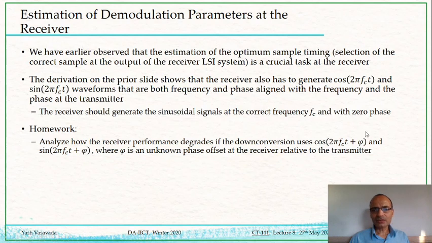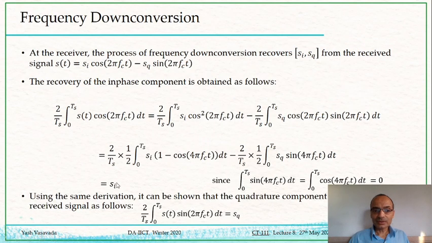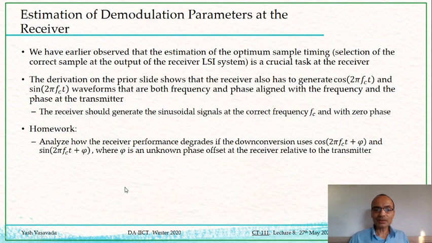So in presence of this phase offset, how will the receiver work? What will happen to this down converted signal? Will it be SI or will it be something else? Whether it will be SQ or something else is what this homework question asks you to do. And there, all you have to do is apply some trigonometric identity.